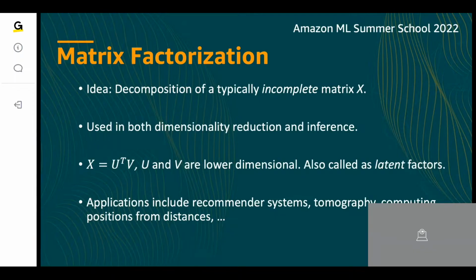And this particular operation, the identification of these lower dimensional matrices in case of matrix factorization, is also called identification of latent factors. And like I said, matrix factorization has been used successfully in multiple things, like recommender systems, tomography, and so on and so forth, to be able to identify the essential structures sitting in problems like these.